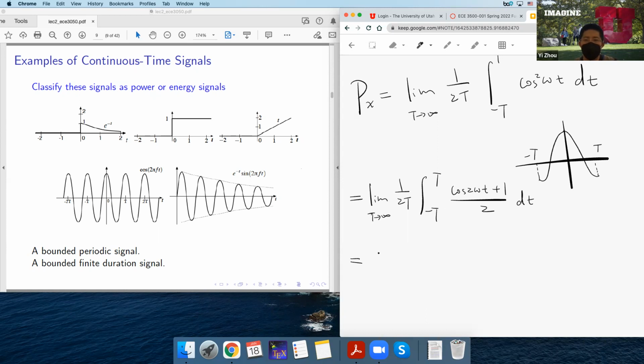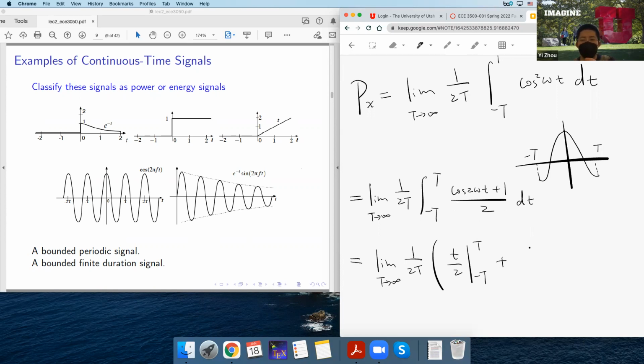And then I'm going to look at, so it's 1 over 2 dt taking integration. Now it's 1/2 times t evaluated at capital T and negative T. So that gives me this one. So that's the constant part.